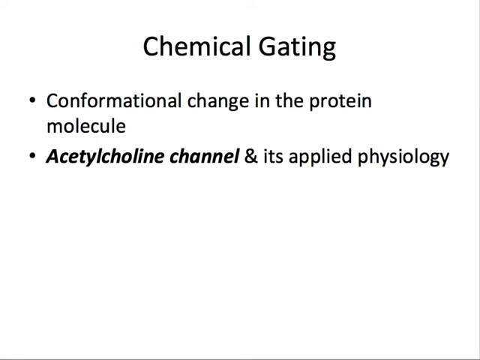To spark your interest, I give you the example of the malfunction of chemical gating. There is a disorder called myasthenia gravis, an indirect ion channel disease produced by an autoimmune disorder. What happens is that autoantibodies are formed against the acetylcholine receptor.